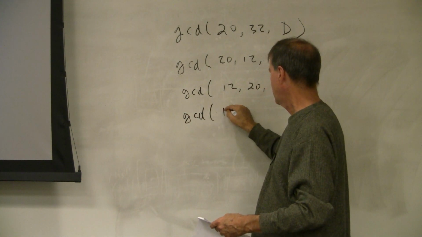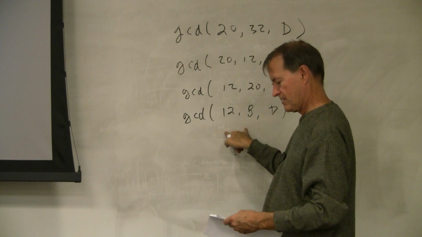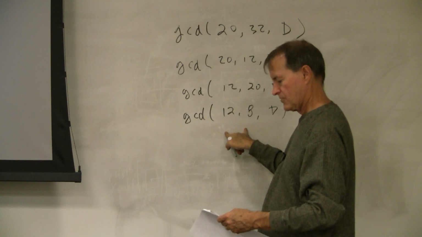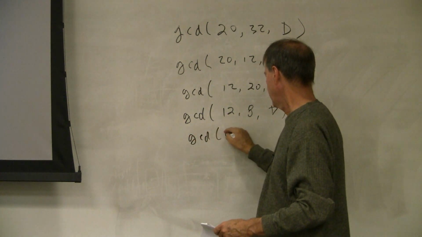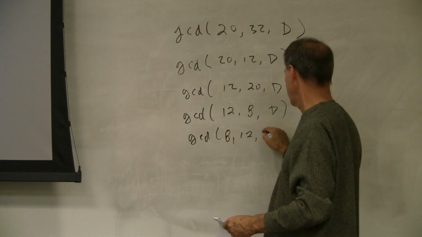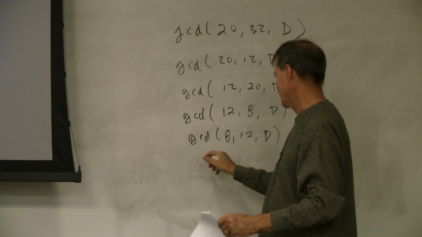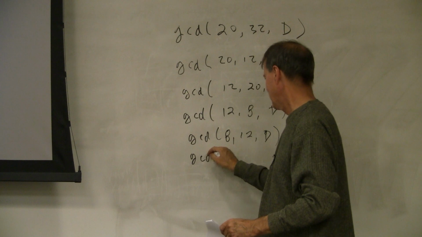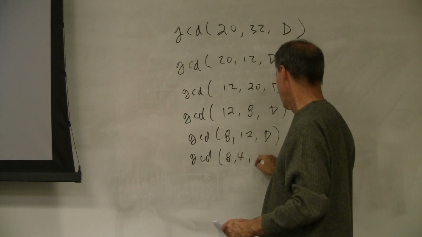GCD 12 12 8 D. Is this less than this? No. So what will it call? GCD 8 8 12 D. Is this less than this? Yes. So we're saying call.